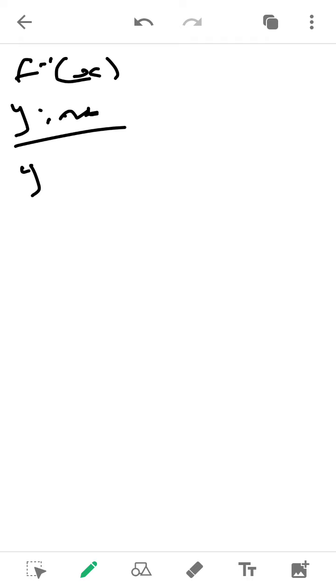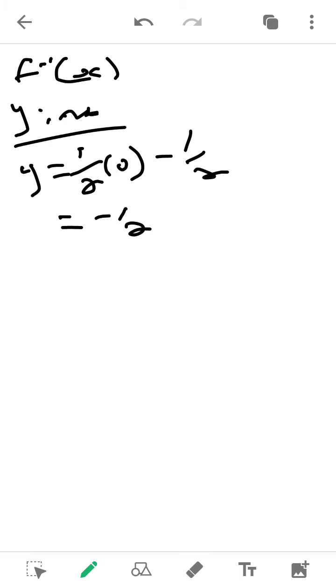So y equals 1 over 2 times 0 minus half. So this is going to give us minus half. And then our coordinate will be (0, negative 1 over 2).